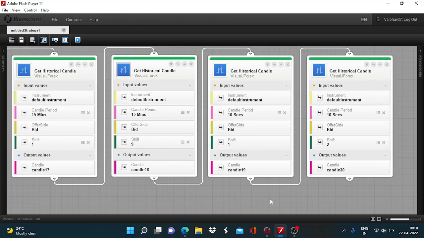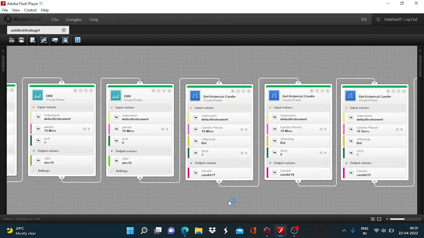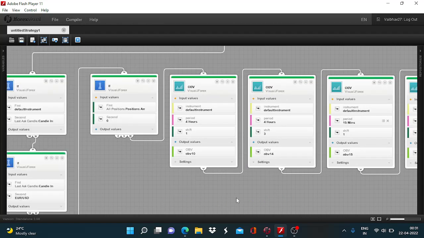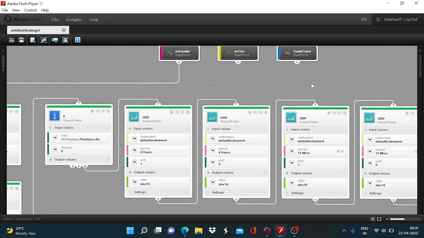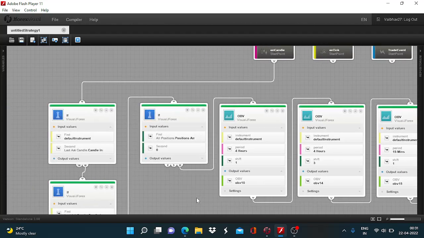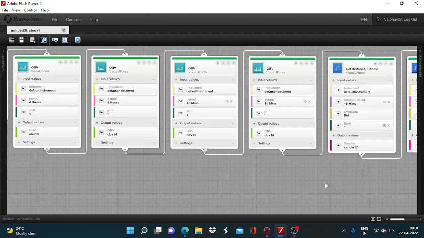Okay, so we have got these blocks in place using which we can define the conditions. First we will have to devise the setup for the buy side of the equation, and later on we will deal with the sell side of the algorithm.